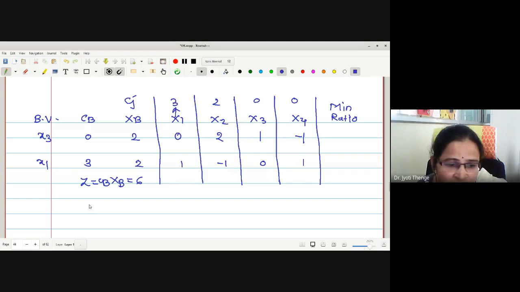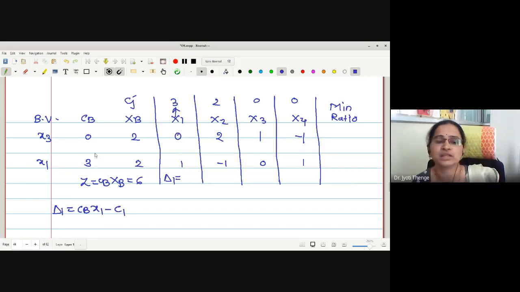Okay. So let us calculate delta 1. Now let me show you how to do it orally. Let me write the formula. Delta 1 is CB x1 minus C1. Look at this column CB: 0, 3. Look at this column x1: this is 0, 1. Now you have to do the multiplication like this. 0 into 0, 0. 3 into 1, it is 3.